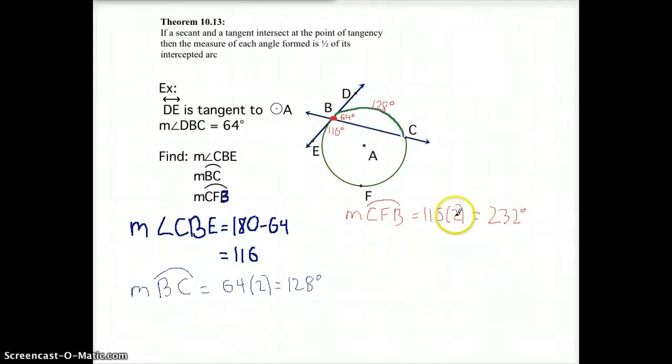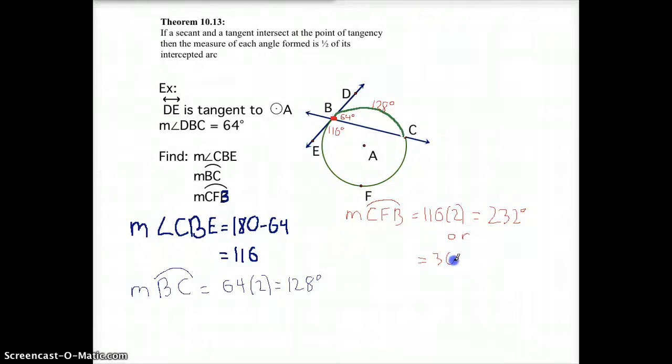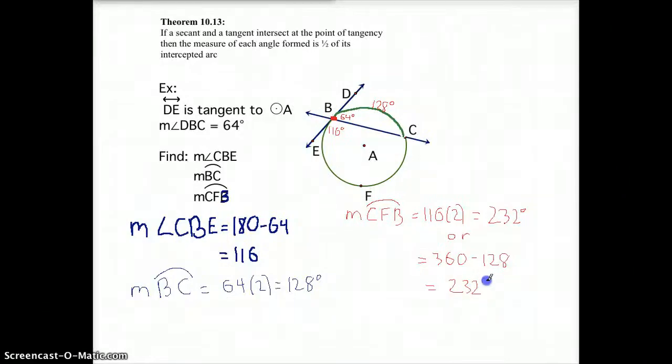The other way we could possibly have thought about that is we know that all the way around the circle is 360 degrees, and we already have 128. So CFB just needs to be the leftovers. So we could have said, instead, this would equal 360 minus 128, which is again 232 degrees. And that's theorem 10.13.